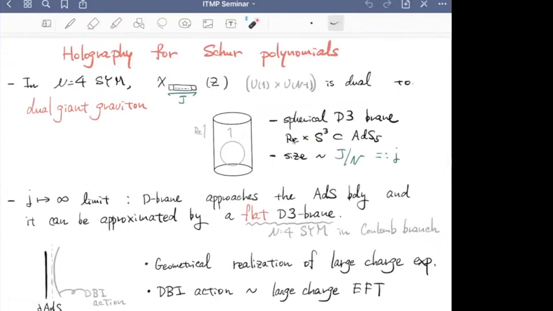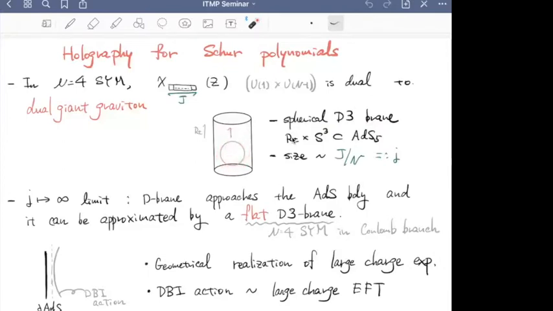Now I'm really talking about N=4 super Yang-Mills, because I need a concrete holographic AdS/CFT correspondence. In N=4 super Yang-Mills, this Schur polynomial operator with a single row, which corresponds to the Higgsing pattern U1 times U(N-1), is dual to what's known as the giant graviton, which is a spherical D3 brane whose worldvolume is R_t times S^3, living inside AdS5. So this cylinder is AdS5, and the D-brane is like this, moving in time.